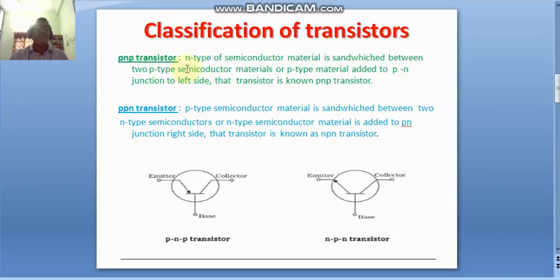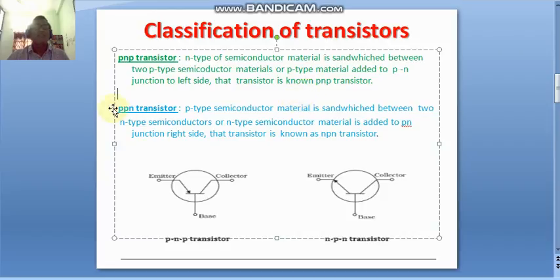If N-type semiconductor material is sandwiched between two P-type semiconductors, then that is known as a PNP transistor. This is one way. The second way is that P-type material is added to the PN junction on the left side, then the resultant transistor is known as a PNP transistor.